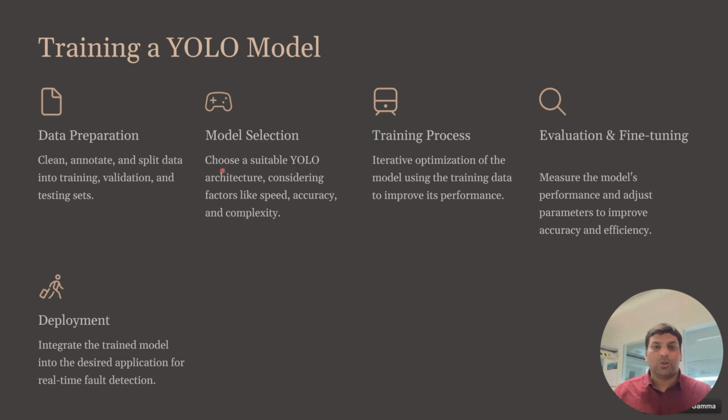Next, we select the YOLO model architecture based on the speed, accuracy, and requirements. Then, third, we train the model iteratively and evaluate its performance. Finally, the fine-tuned model is developed for real-time fault detection.